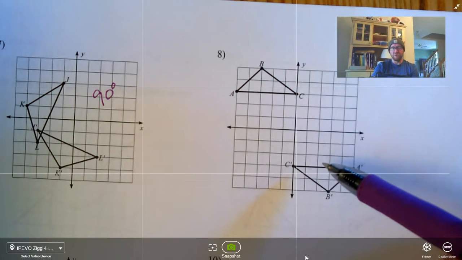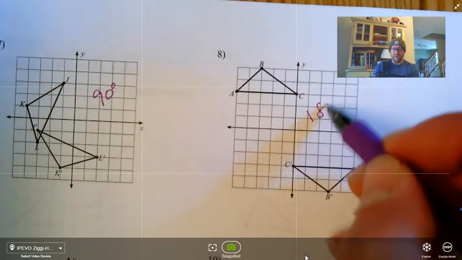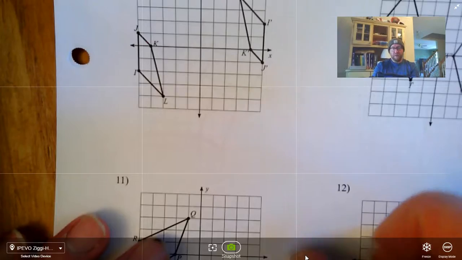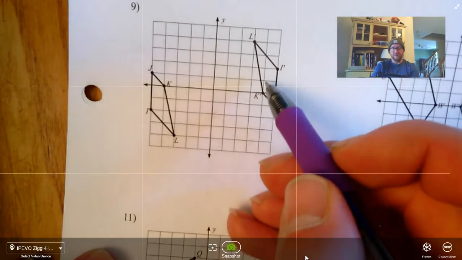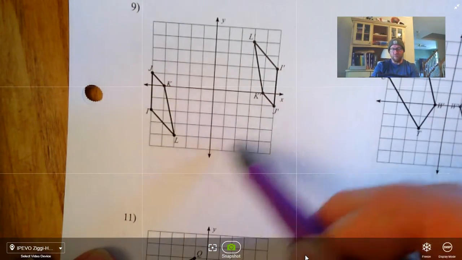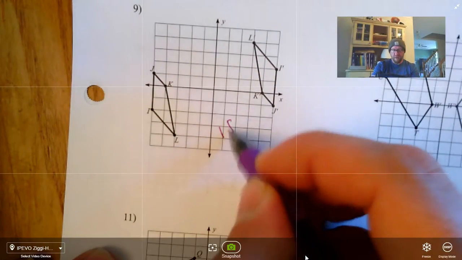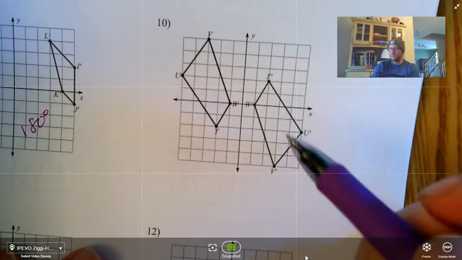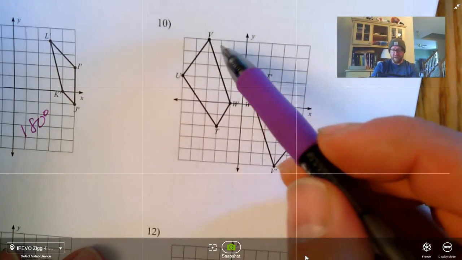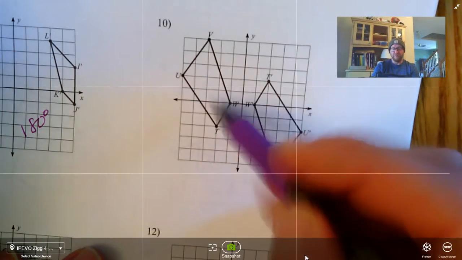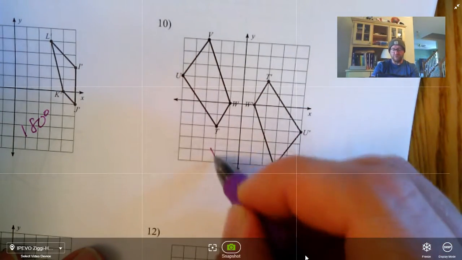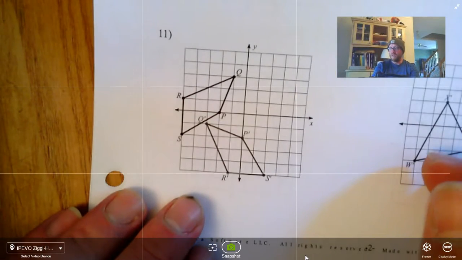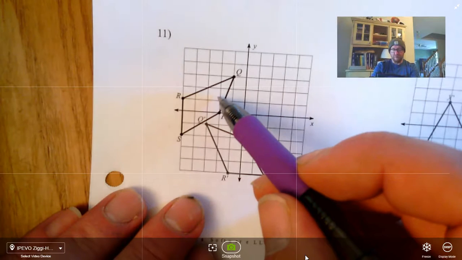Notice it moved 2 quadrants away, so that would be a 180-degree rotation. Here, there's the original. There's the rotated. Again, it moved 2 quadrants away. Another 180-degree rotation. Over here, we've got the original, the rotated figure. It largely moved 2 quadrants away. Another 180-degree rotation.